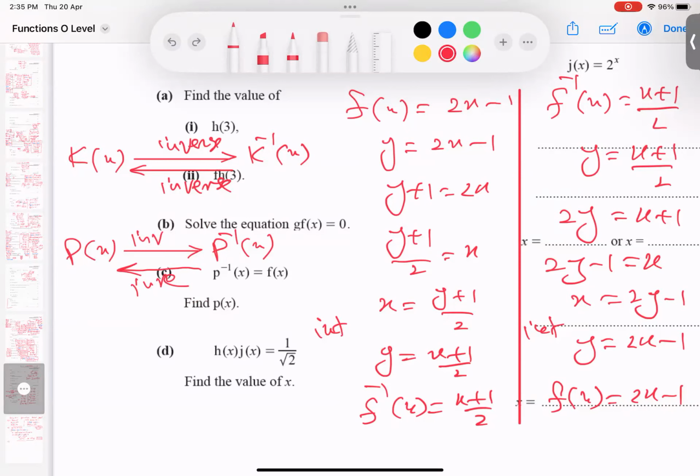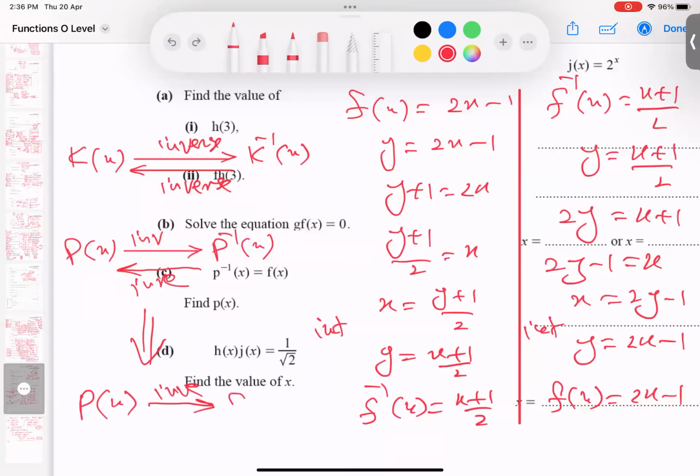Now, the interesting part is what? He's saying that p inverse of x is the same function as f. So it means the simple story: if I remove p inverse in the above expression for a while, p of x, if I find the inverse, I will get p inverse, but he said p inverse and f of x are the same.